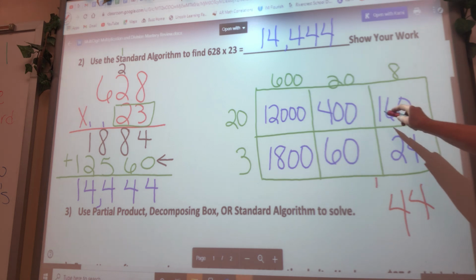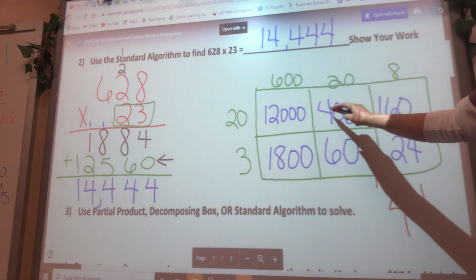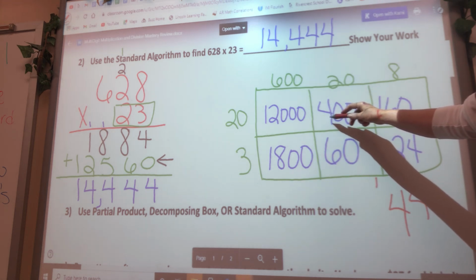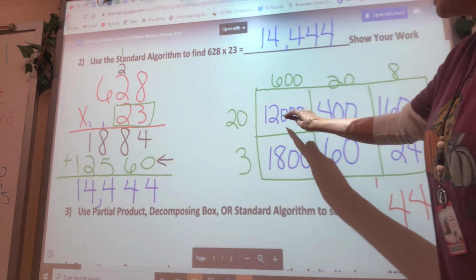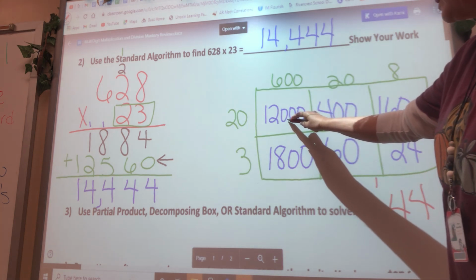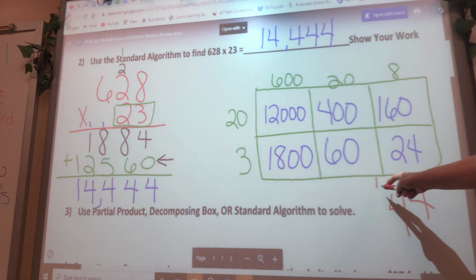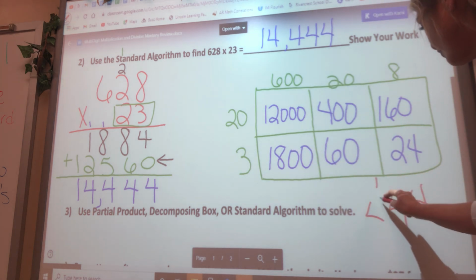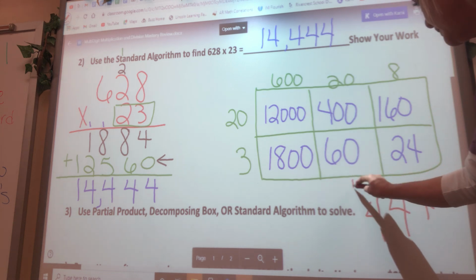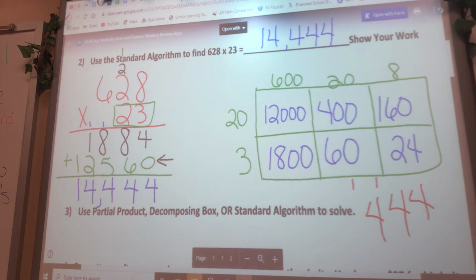Hundreds place, I have a 1 plus 4 is 5, plus nothing is still 5, plus 8 is 13, plus the 1 that I carried is 14. So I carry the 1 so I don't forget it.